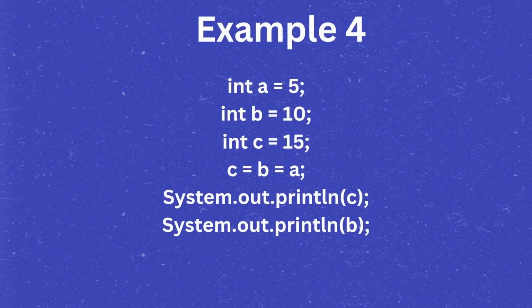Because in this kind of scenario, there is a rule that is called associativity. When you have one operator being used multiple times in an expression, then to understand what will be the direction of execution of the operators, associativity will help you. So that is all about associativity.